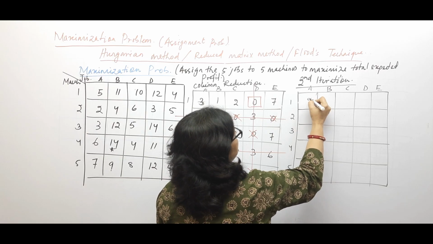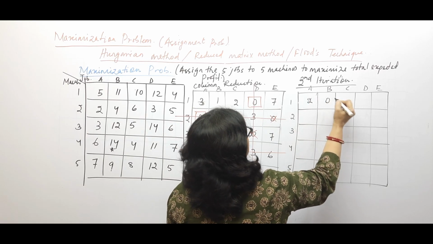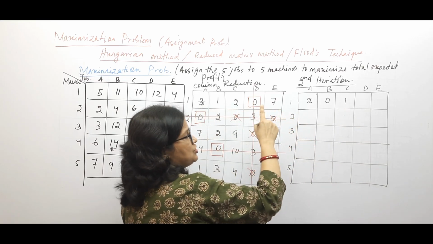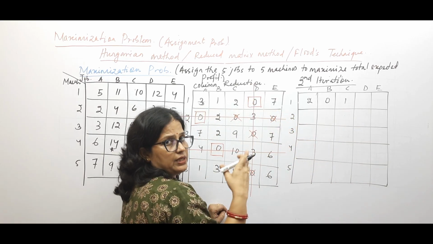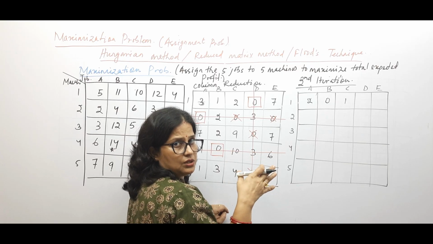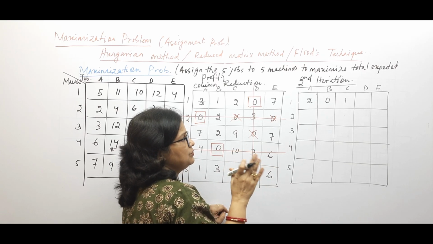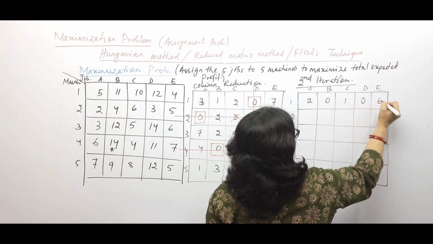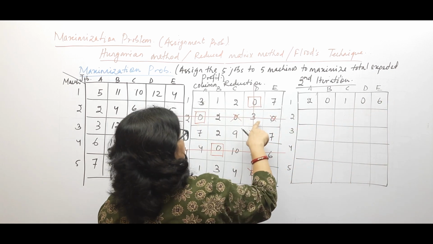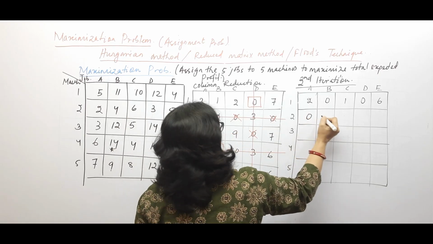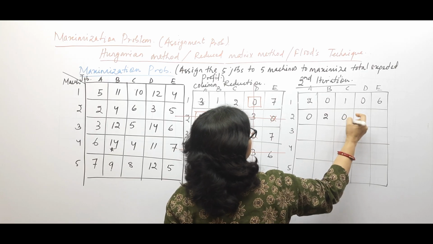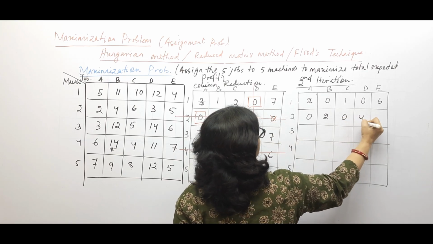3 minus 1, 2, 1 minus 1, 0, 2 minus 1, 1. Then there will be no change where the line exists on the cell. It will be as it is: 0. Then this is 6. Now this will be as it is: 0, 2, 0. This will be 4, then 0.